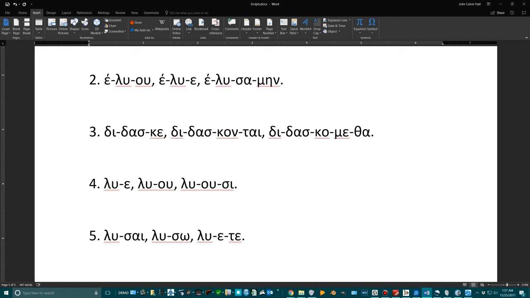I've heard some people do lu-et. I do lue-te. That's where I break down the syllable. Not worth arguing over. But the important part really are the vowels within the syllable.